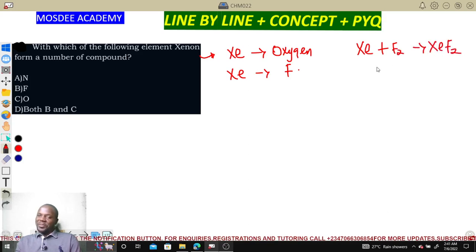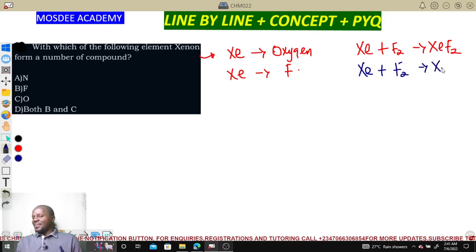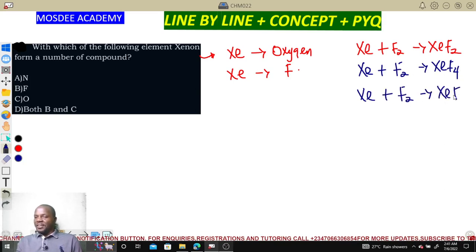You can listen to the concepts again, because concepts are very important. There are three binary fluorides: XeF2, XeF4, and the last one, XeF6. These are what we call the binary compounds. They are three.